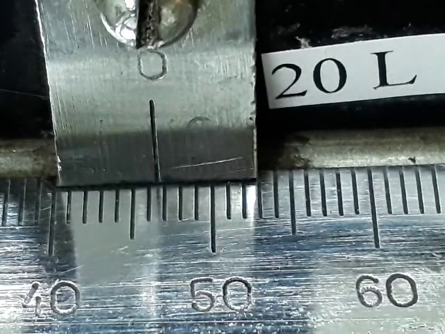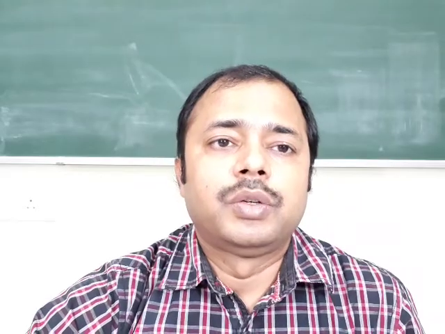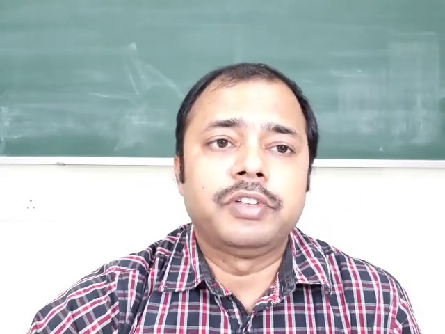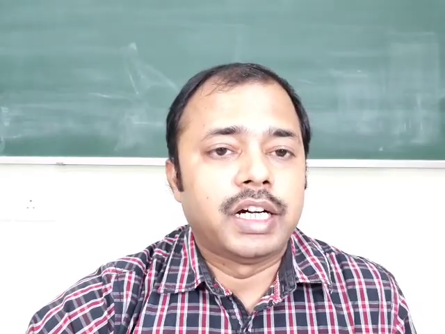For the 20th ring, the MSR value is 46 mm and the circular scale is aligned at 65. Thus, the total reading is 46.65 mm.